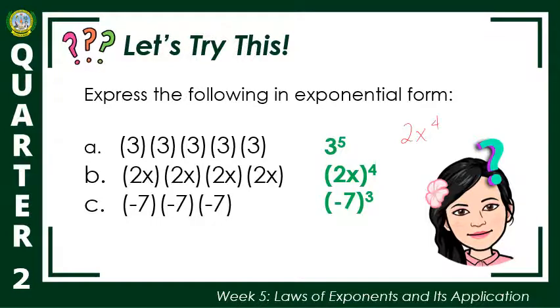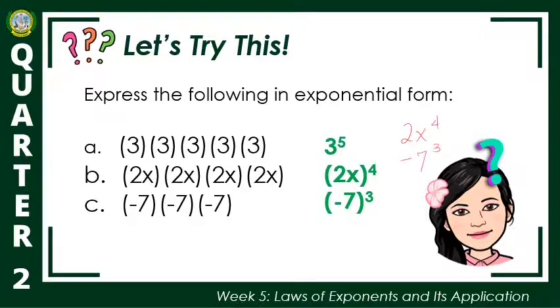So, as you can see, nasa loob din siya ng parenthesis. Dahil po, iba po ang kahulugan kapag wala siyang parenthesis. So, kung ating i-interpret yung walang parenthesis, it's the negative of 7 cube. Okay? Unlike dun sa ating correct answer, it's the cube of negative 7. So, magkaiba po ang kanilang kahulugan.